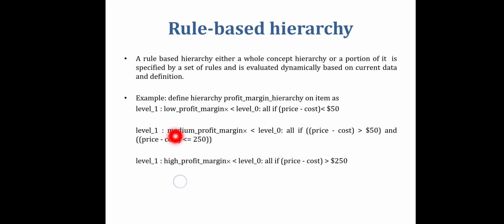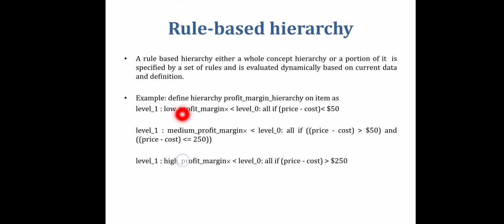So this medium profit margin is at level 1. And when your price cost is greater than $250, then you have the high profit margin. So in this way, this profit margin is at the top level, which is divided into low profit margin, medium profit margin and high profit margin.